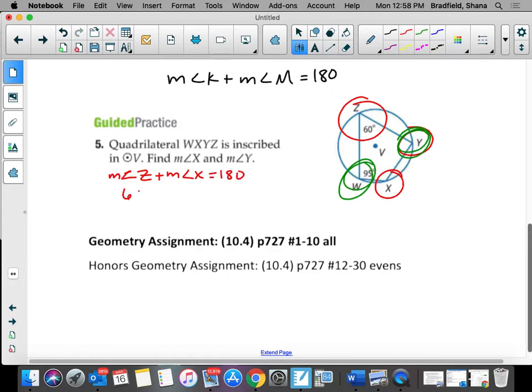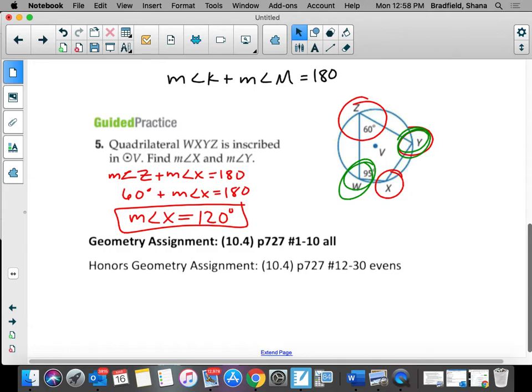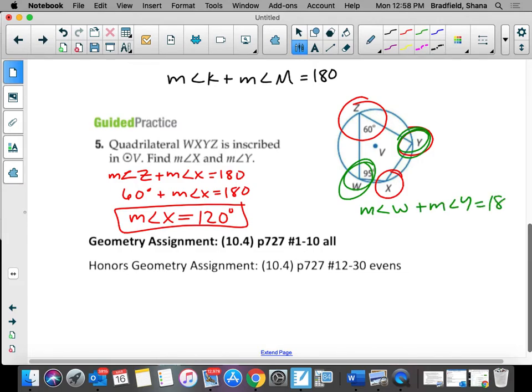And so we know that Z is 60. And then to solve for the measure of angle X, we're going to subtract 60, which is 120 degrees. So there's X, and then we can do the same thing for Y. So I have the measure of angle W plus the measure of angle Y would be 180 because they're supplementary. 95 plus the measure of angle Y is 180.